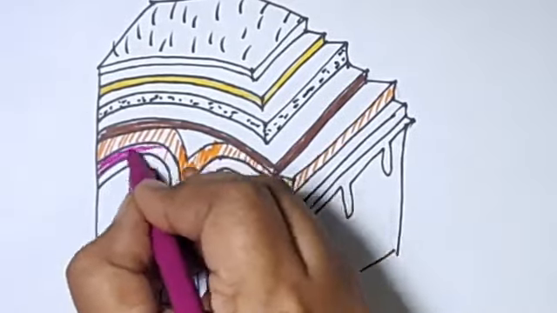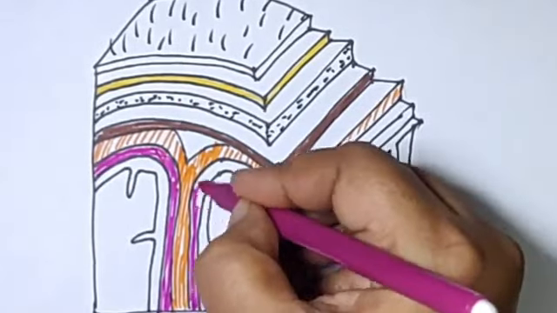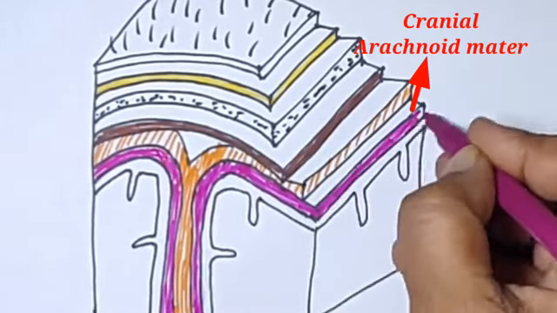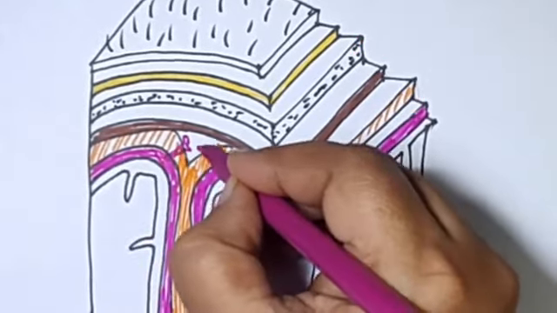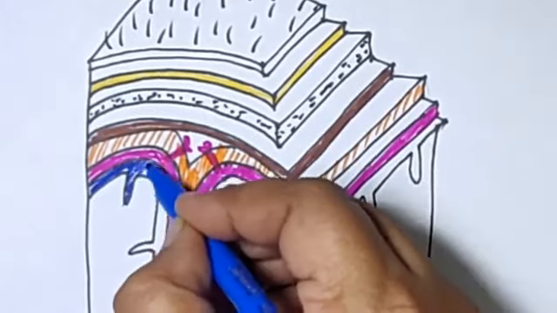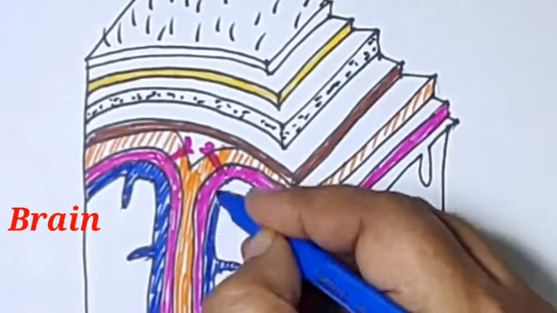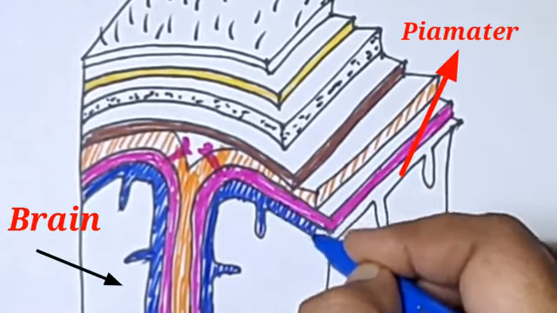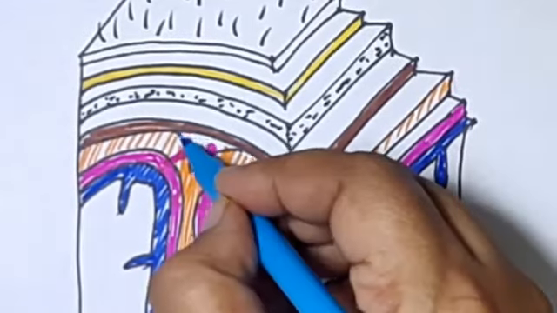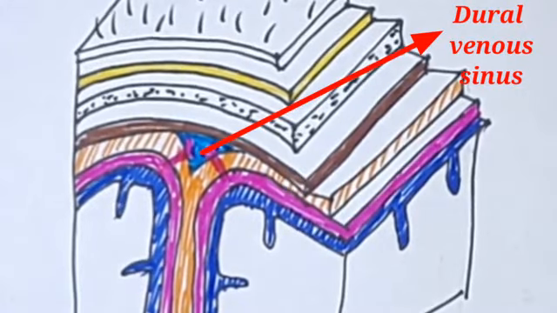The middle layer is the cranial arachnoid mater, which has its extensions as the arachnoid granulations into the dural venous sinuses, which I'll explain later. The innermost is the pia mater, closely investing the brain tissue. The space where the endosteal and meningeal dura are separated contains the dural venous sinuses.